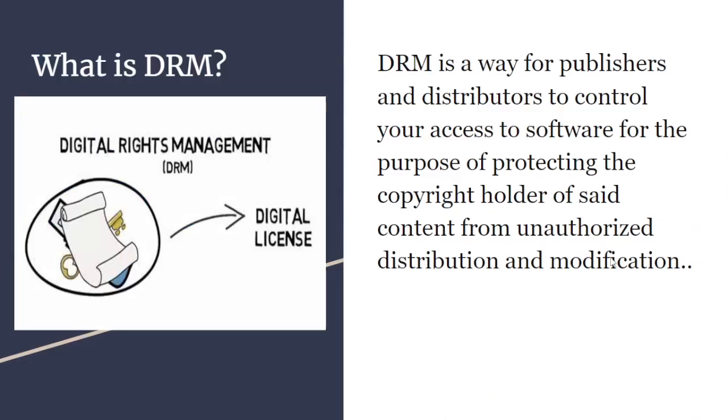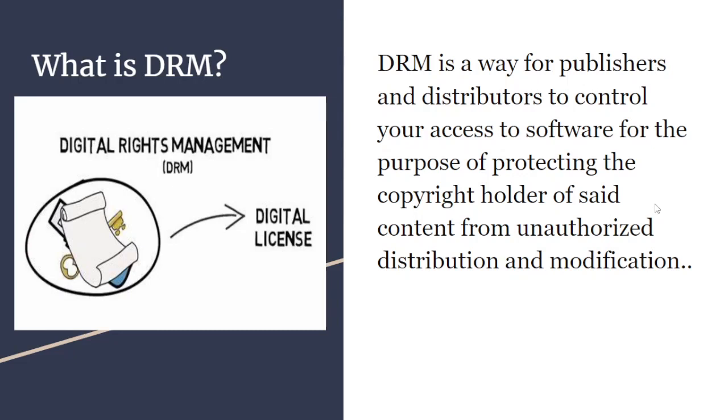So, let's start. What is DRM? DRM is a way for publishers and distributors to control your access to software for the purpose of protecting the copyright holder of said content from unauthorized distribution and modification. It is a digital license on the software that you buy, and it limits your access.